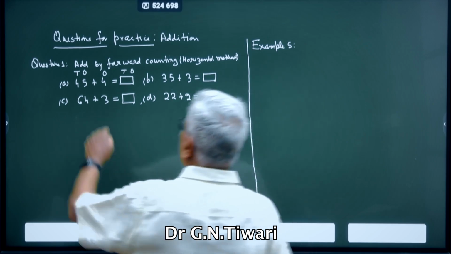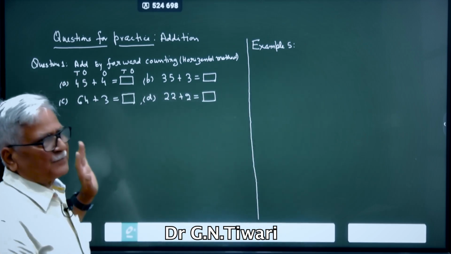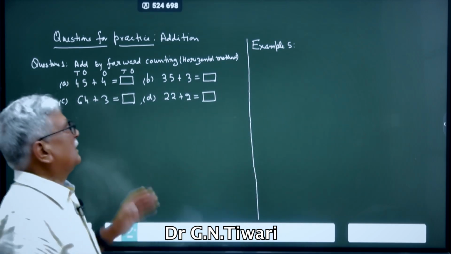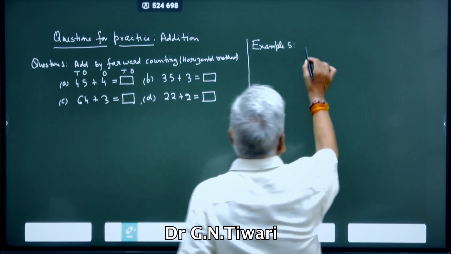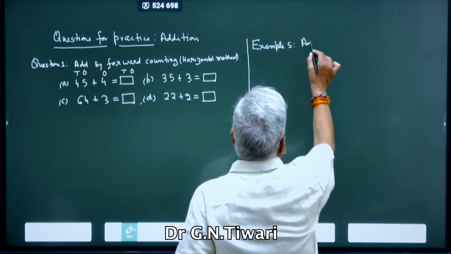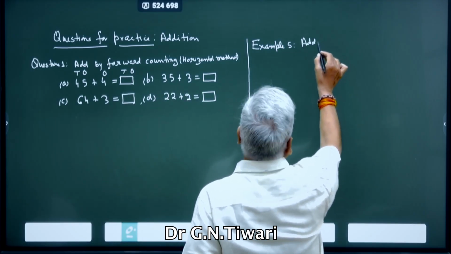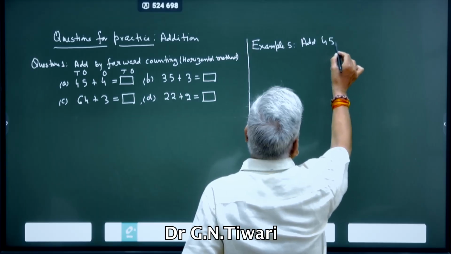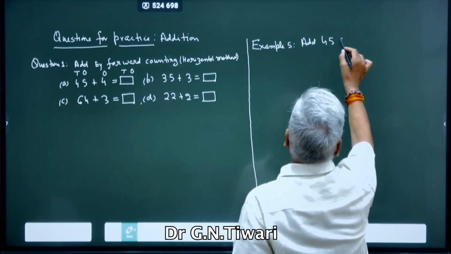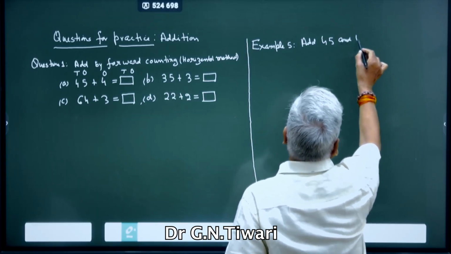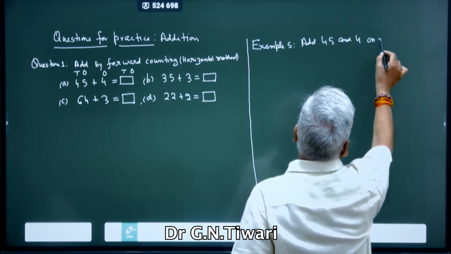I am taking case 1, A. We have to add 45 and 4 on the number line.